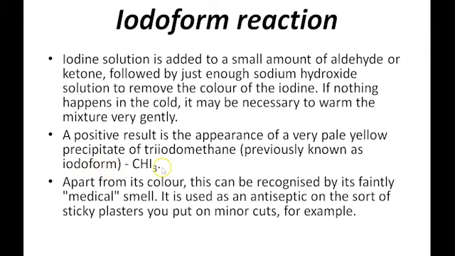Chemical formula is CHI3. Triiodo, meth means one carbon, so triiodomethane. Apart from its color, this can be recognized by its faintly antiseptic smell. It is used as an antiseptic on the sort of sticky plasters you put on minor cuts, for example.